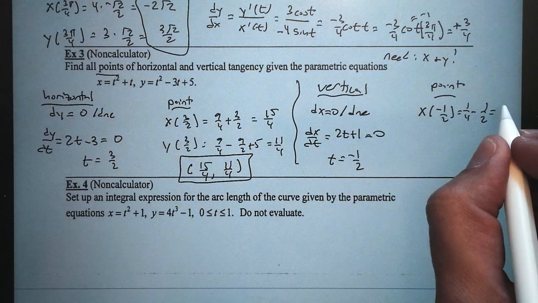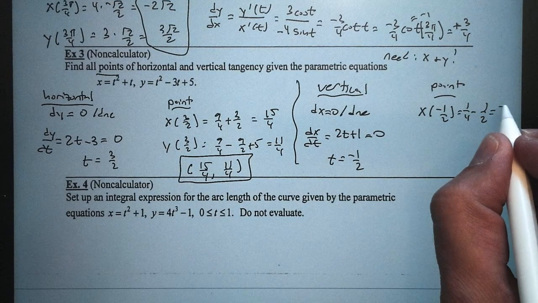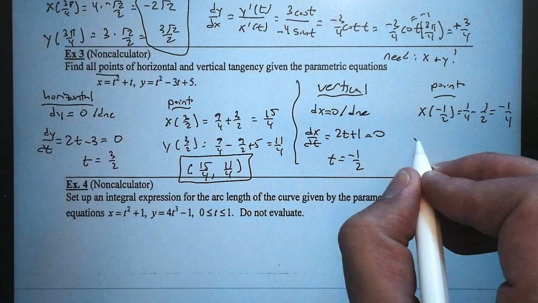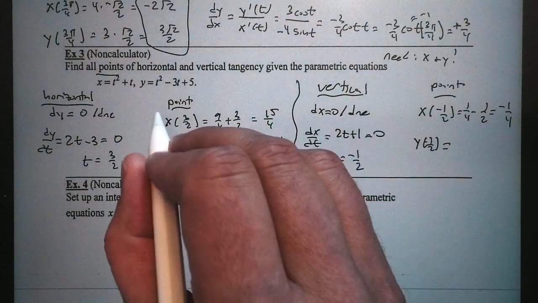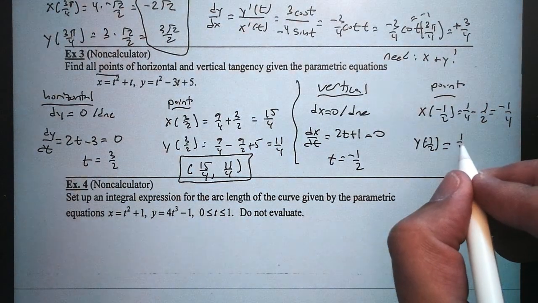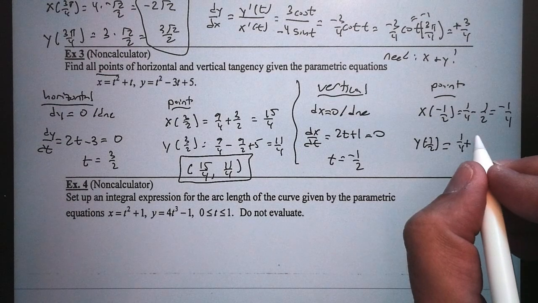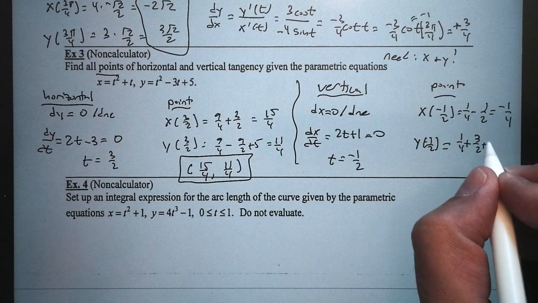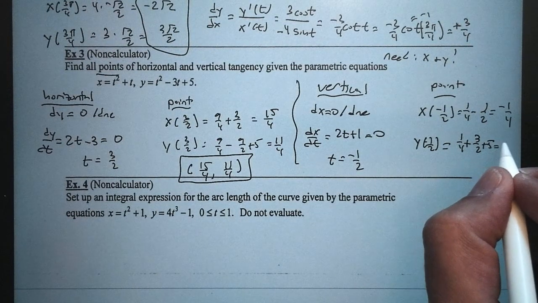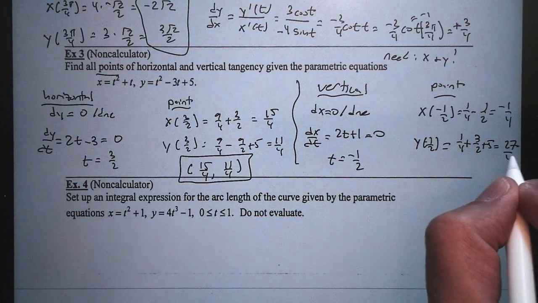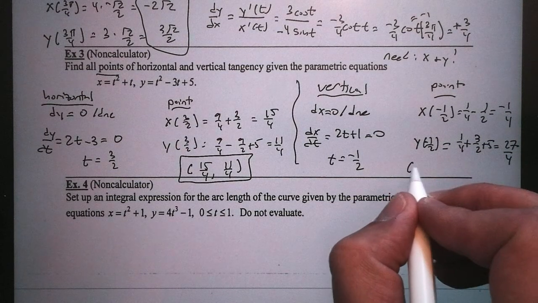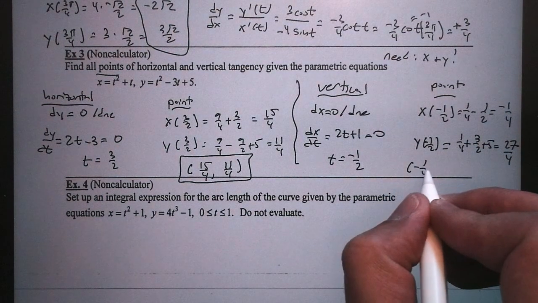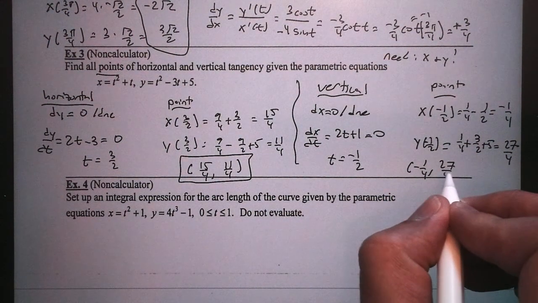So 1/4 minus 1/2 becomes a -1/4, and then to plug that into the y coordinate, we're going to get, again, 1/4 plus 3/2 plus 5, and that becomes 27/4 if you reduce it. So remember, we're plugging in a negative right there, and so our point becomes -1/4 and 27/4.